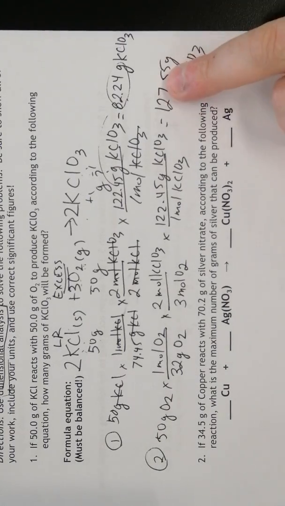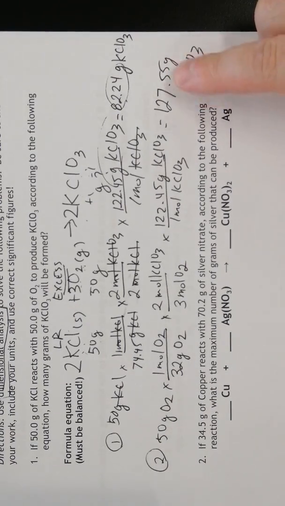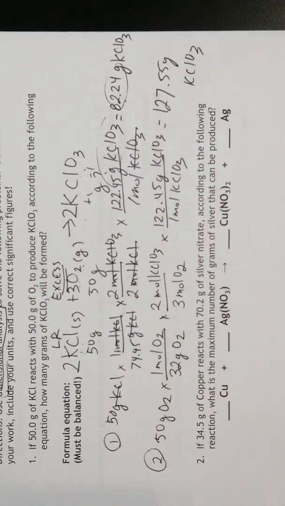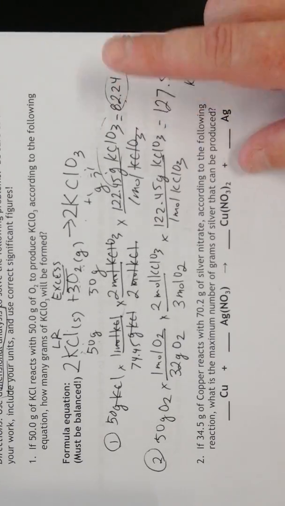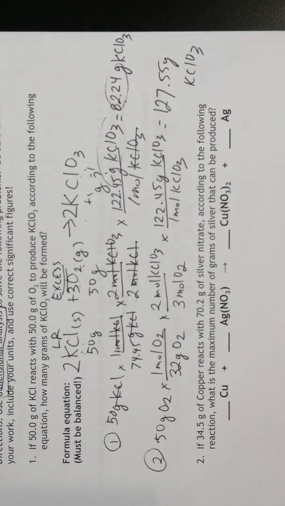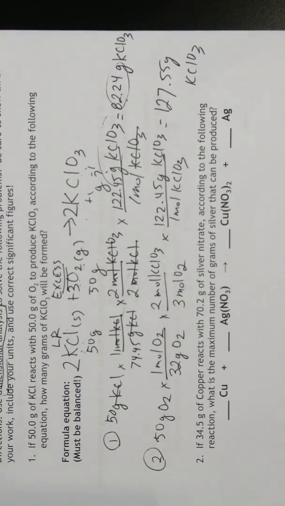We know if we used up all the oxygen gas that was there, we could make 127. But we can't do it because the potassium chloride is going to run out first. So the maximum amount we can make is 82.24 grams.